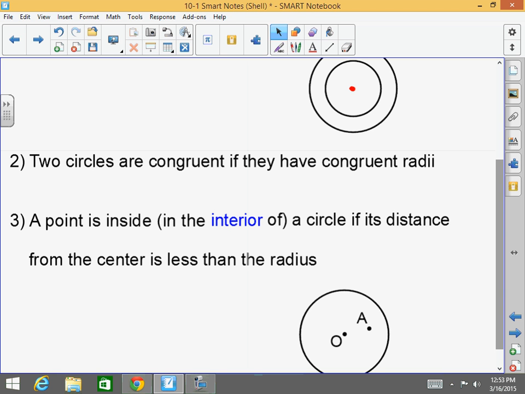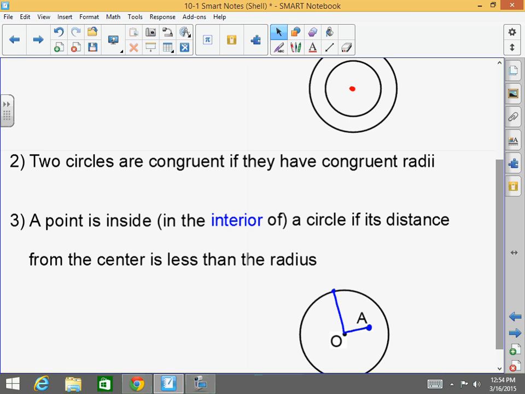So A here would be an interior point because it's inside the circle and it is a shorter distance than the radius. The radius goes from here to here. Point A from the center just goes here to here. So it is a shorter distance than the radius.